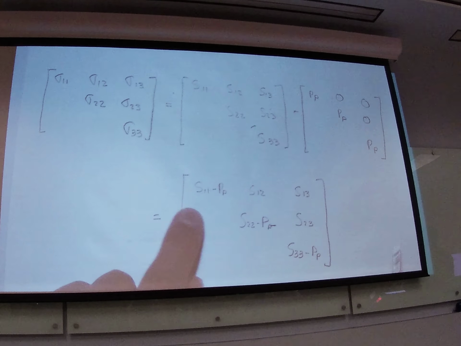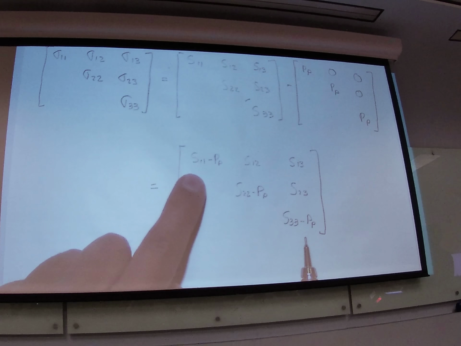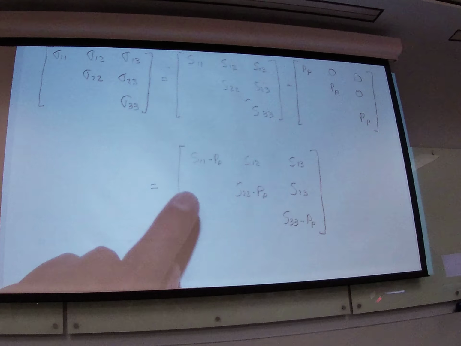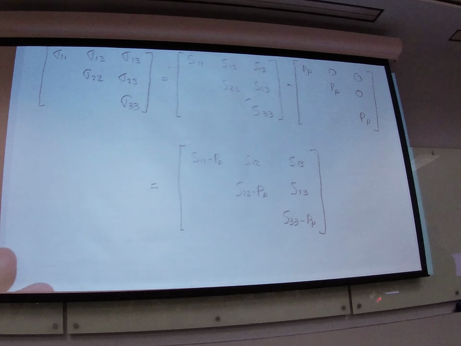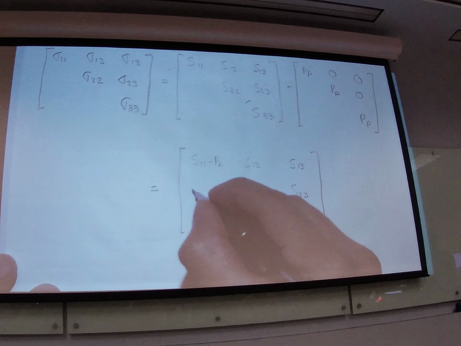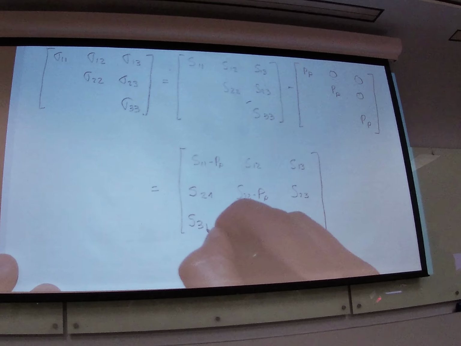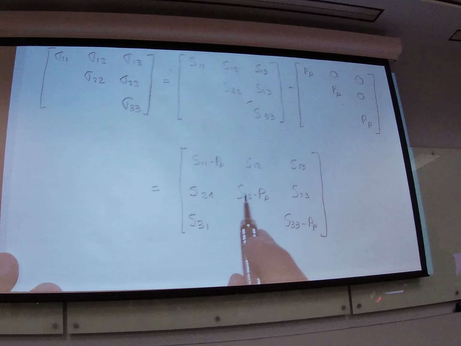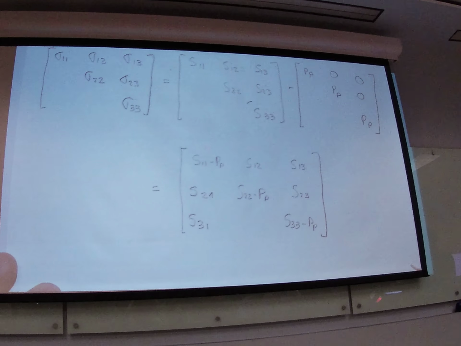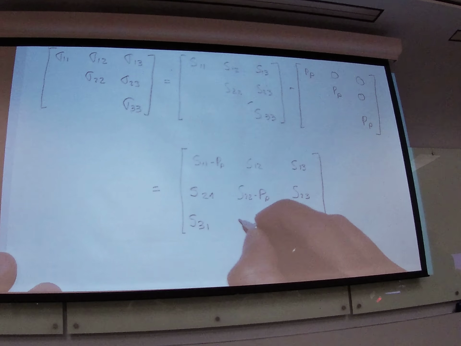Pore pressure is just going to affect the normal stresses, because pore pressure does push in normal direction. And because of that, we're just going to have the normal stresses affected by pore pressure when we want to compute effective stresses.